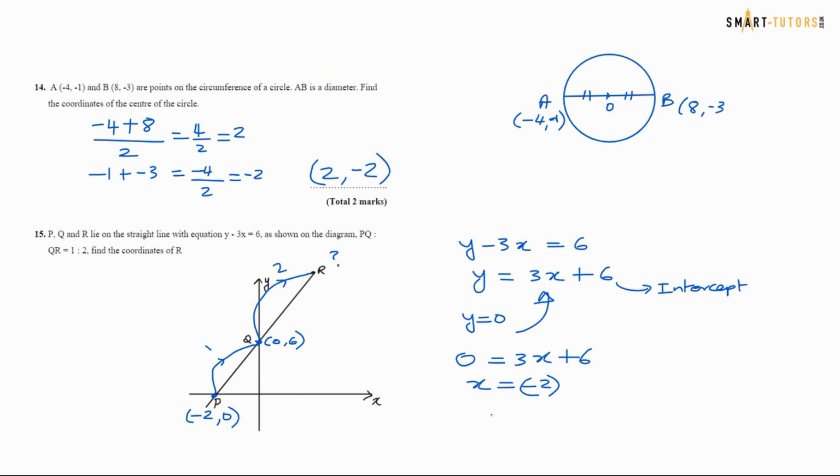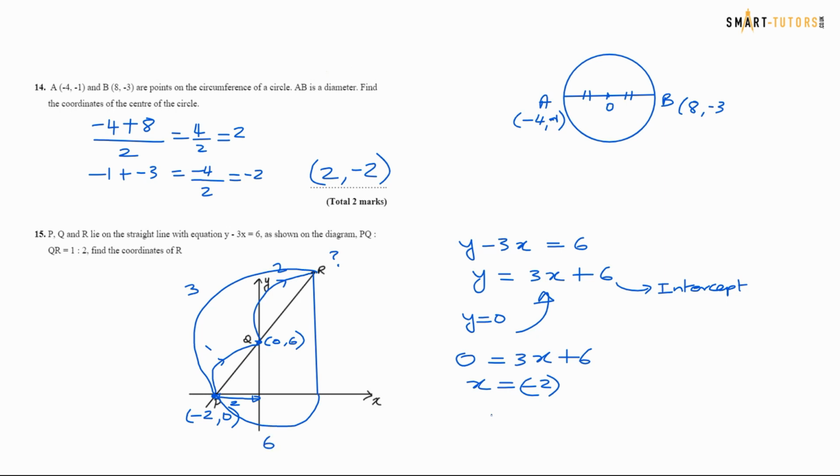So basically this is 2 units. We have come across this ratio question before, so I'm going to draw the similar triangles. So this is 2 units, so 1 is to 2, and all together it is 1 is to 3. So 2 times 3 is 6 altogether.